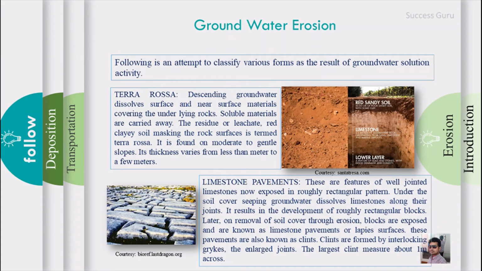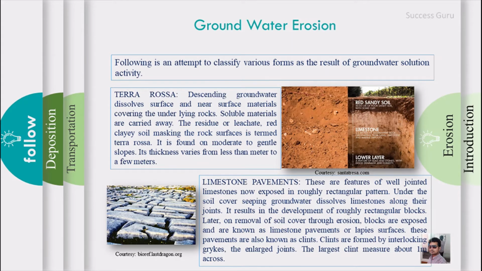The second one is the limestone pavement. These are features of well-jointed limestone, now exposed in a roughly rectangular pattern. Under the soil cover, seeping groundwater dissolves the limestone along the joints, resulting in roughly rectangular blocks. Later, through removal of the soil cover by erosion, the blocks are exposed and are known as limestone pavements, sometimes called the lapies surface.